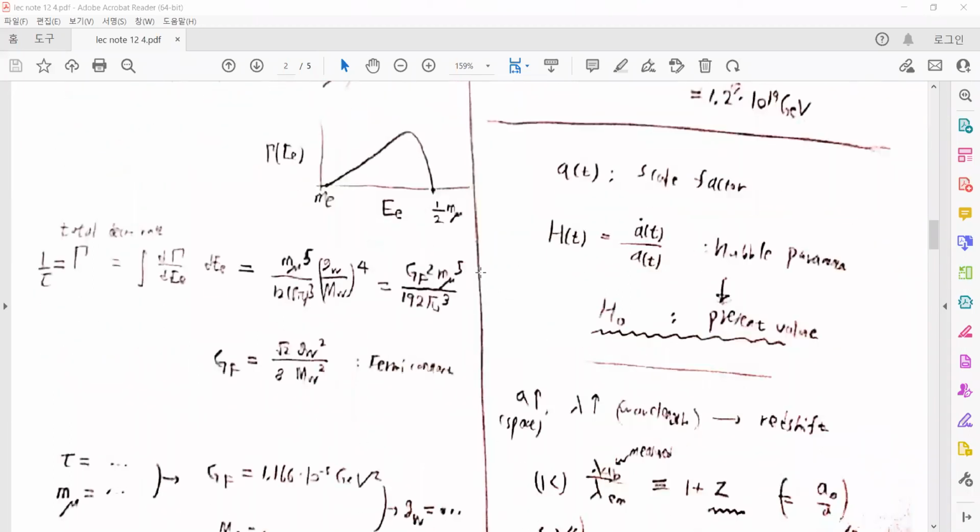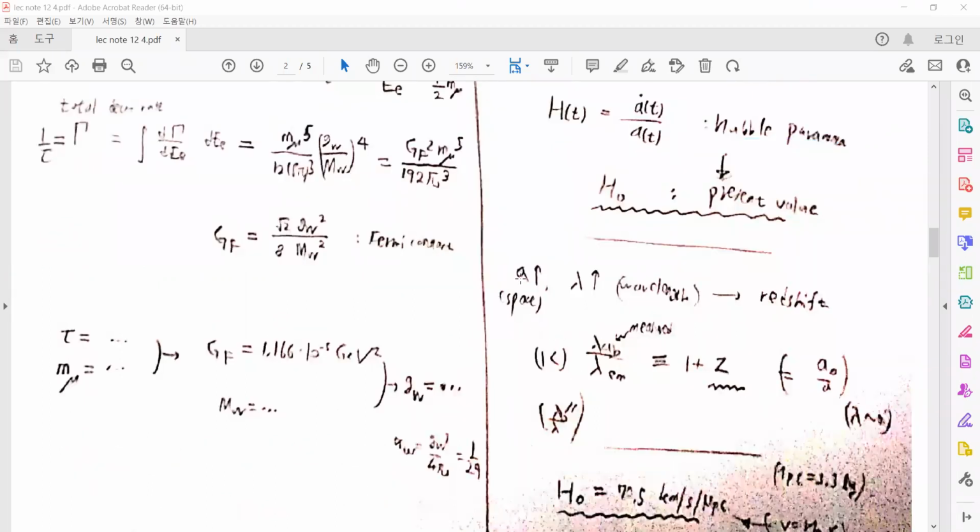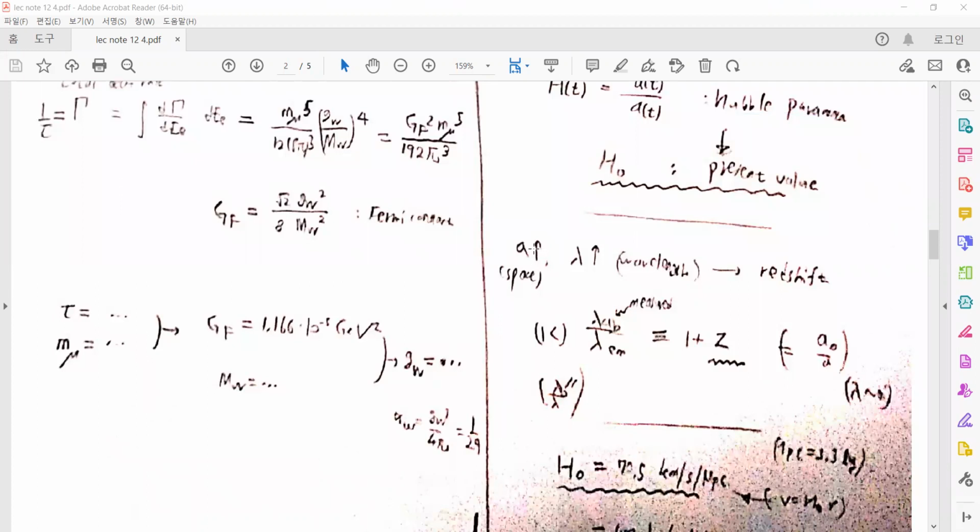Next, I want to talk about the scaling factor. The scaling factor is a function of time. And we can define the Hubble parameter as a dot over a, and we will denote the present Hubble parameter as H0. If the scaling factor is larger, the wavelength is larger, which makes a larger redshift.